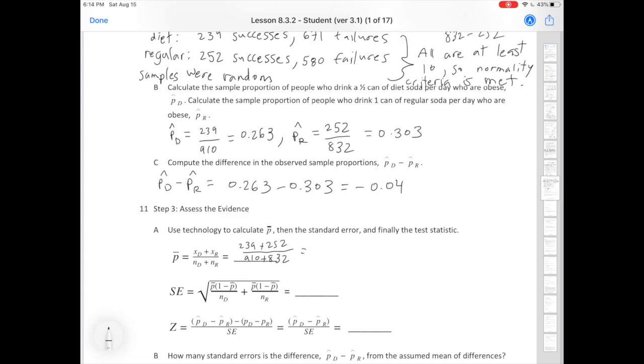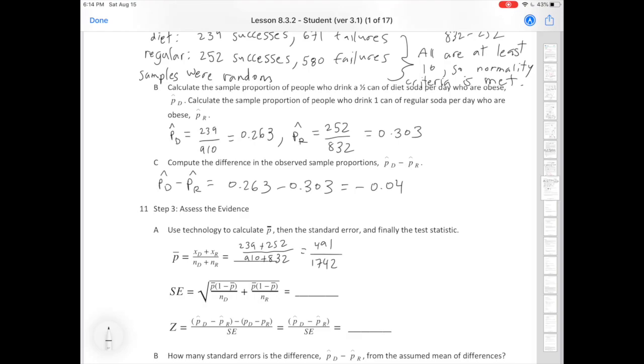So 239 plus 252, when I do the top two and add them together, I get 491. And the bottom, 910 plus 832, you get 1742.